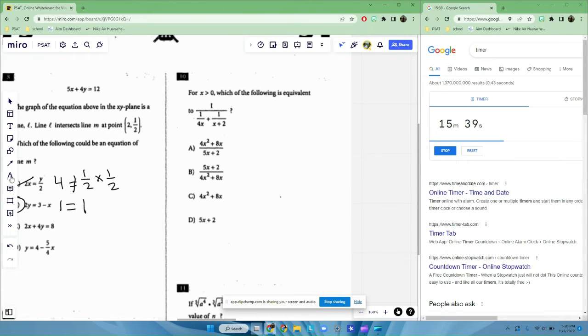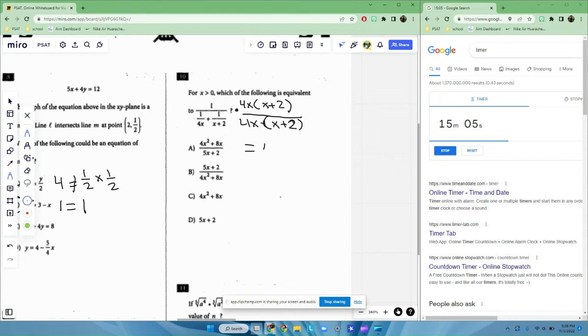Okay, number 10. So this one is a bit complicated, but I will show you the easiest way to solve this. So here, since it's the reciprocal, we're going to multiply this with 4x in parentheses x plus 2. And because it's reciprocal, you're going to multiply it by, again, the same thing, 4x in parentheses x plus 2. That is because reciprocal becomes division and multiplication.